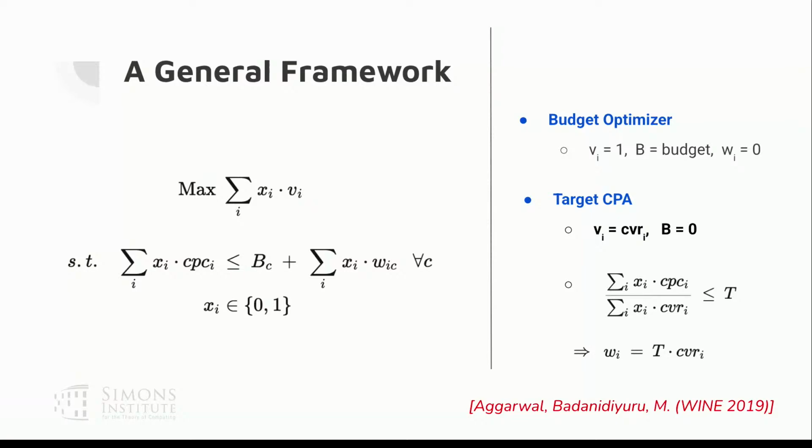But the average cost constraint should be something like my total cost divided by my total conversions is at most this target. So if you read through it, then basically I can just set each WI to be the target times the conversion rate. This is just a way of saying that this general LP captures budget constraints, captures target constraints, and a whole lot of other constraints.